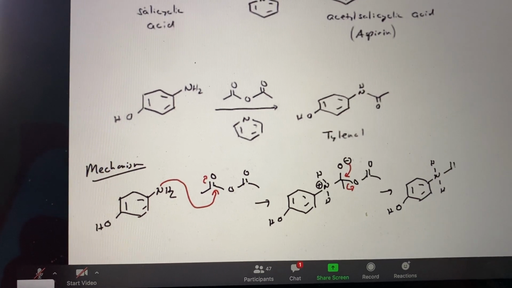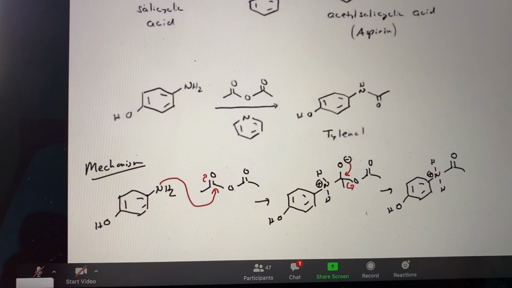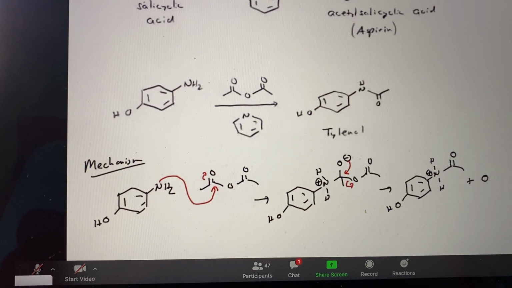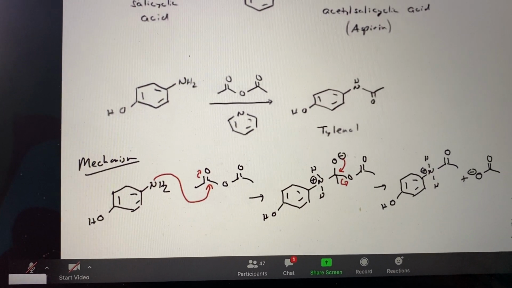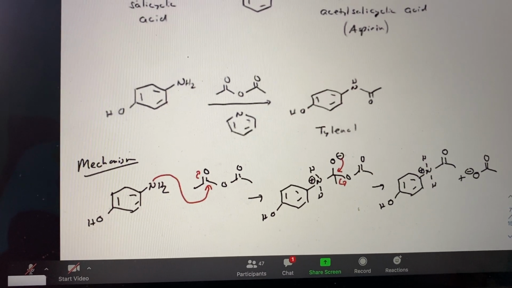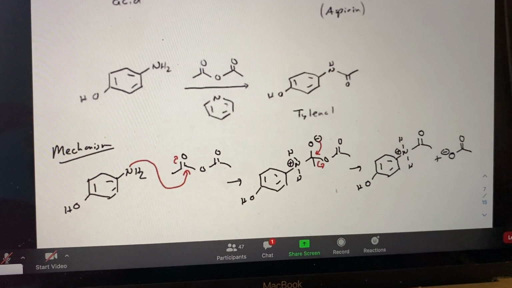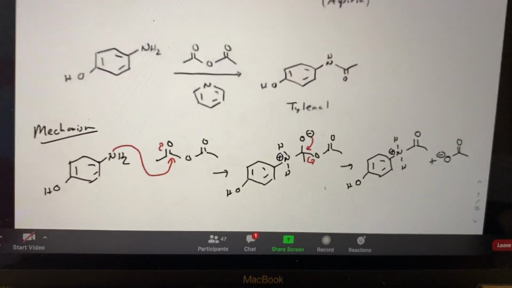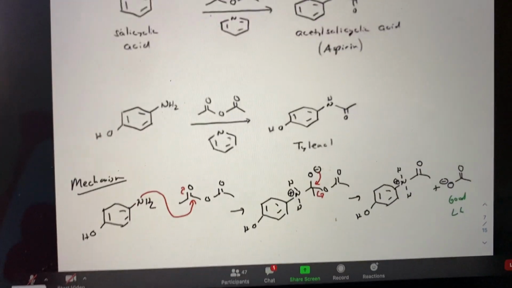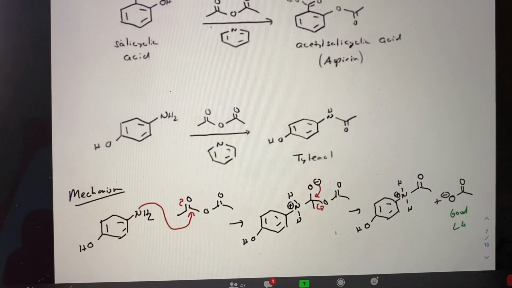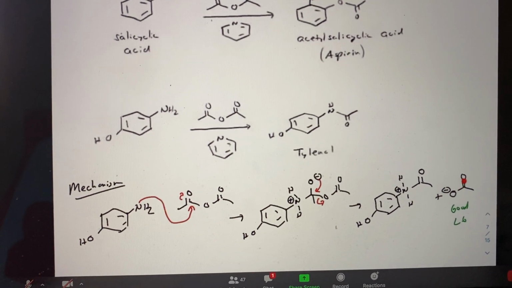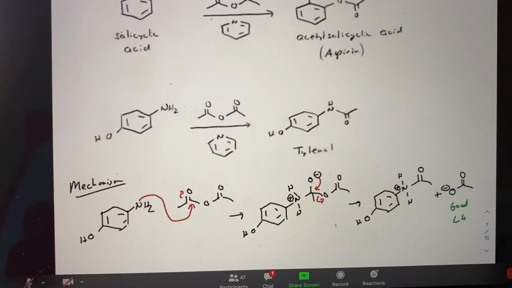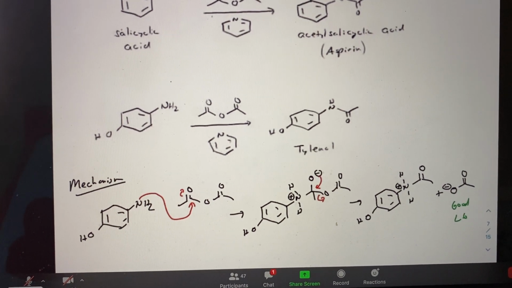We've reformed a carbonyl group. And then we've lost acetate, actually. And so this is a good leaving group, and that's why these anhydrides are quite reactive, because this negative charge is resonance and inductively delocalized. So that's why we have a good leaving group for the anhydrides.